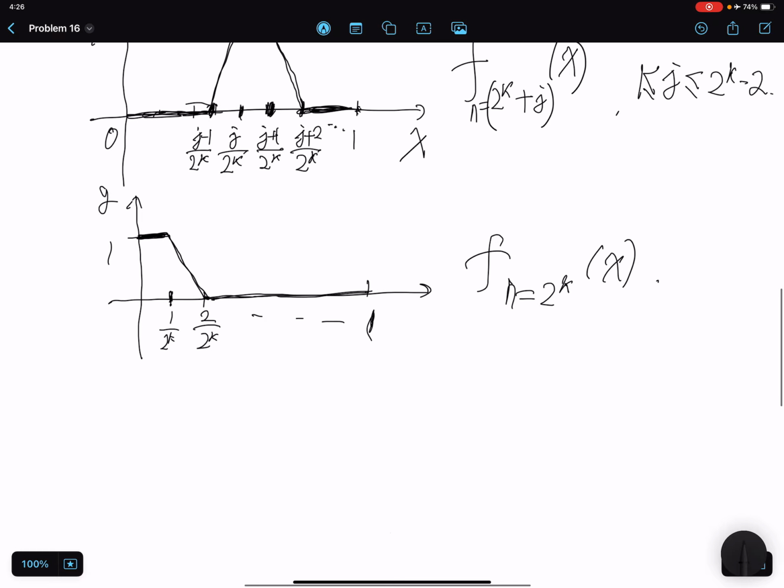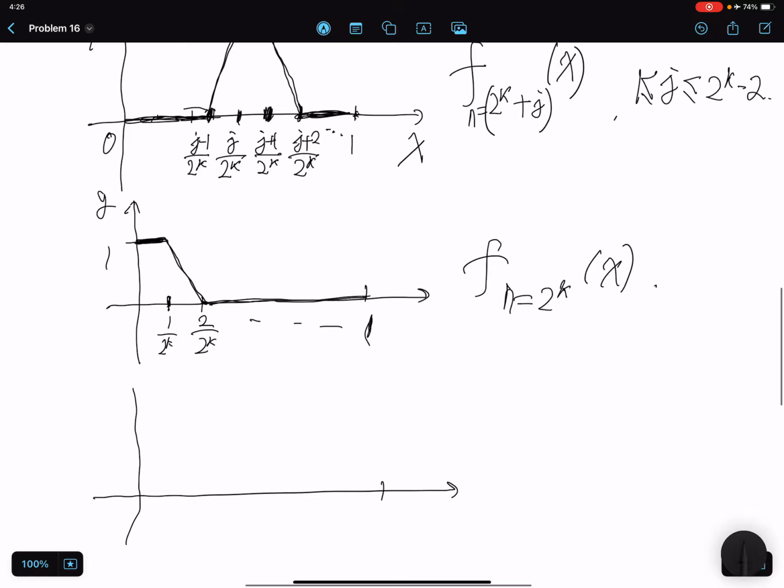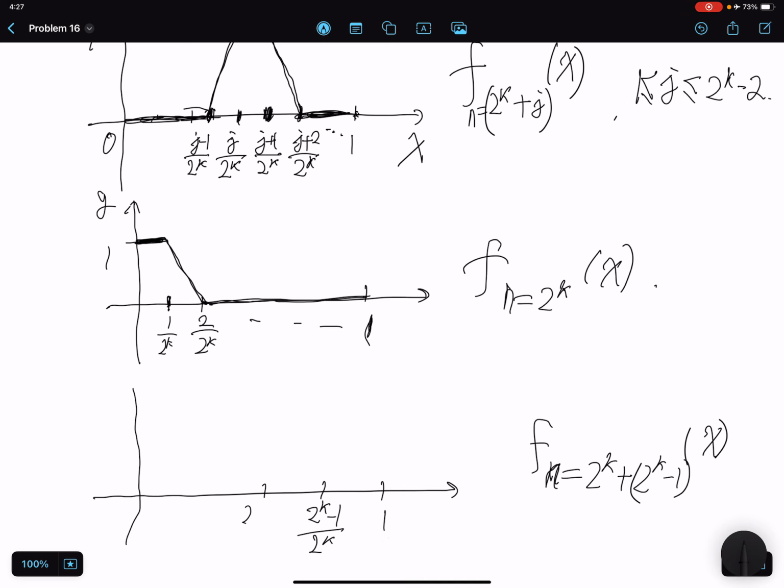Now what happens when n equals 2 to the k plus 2 to the k minus 1? Similarly, this is 2 to the k minus 1 over 2 to the k, and here is 2 to the k minus 2 over 2 to the k.